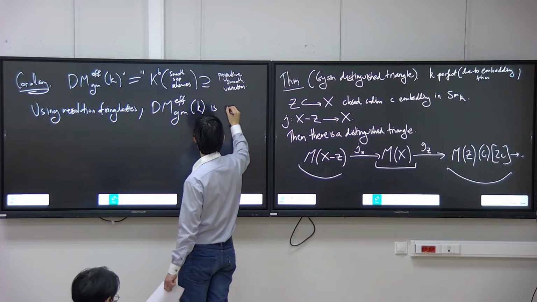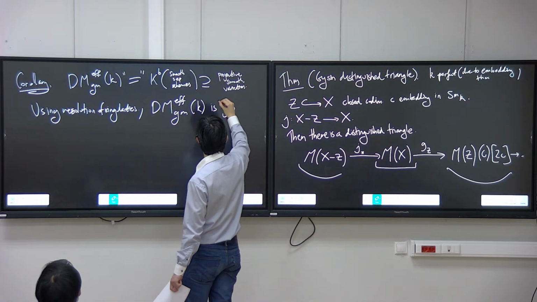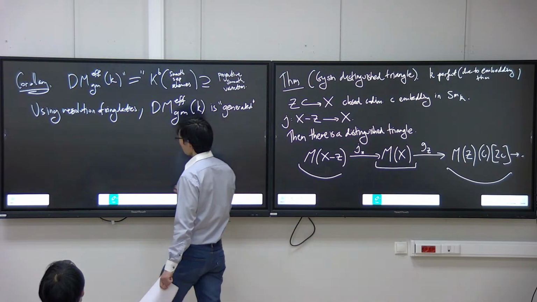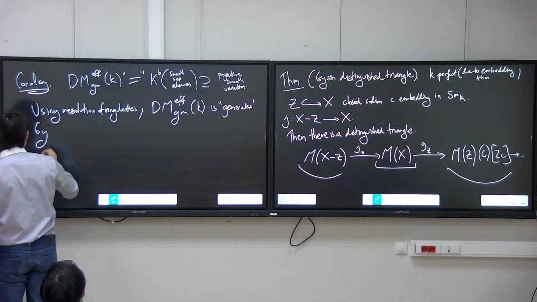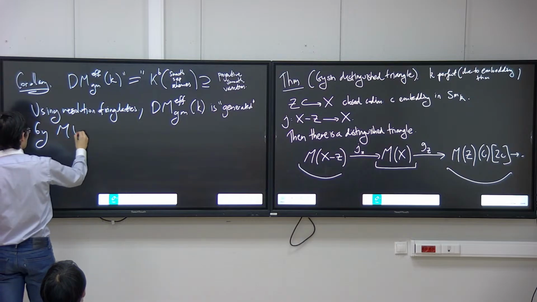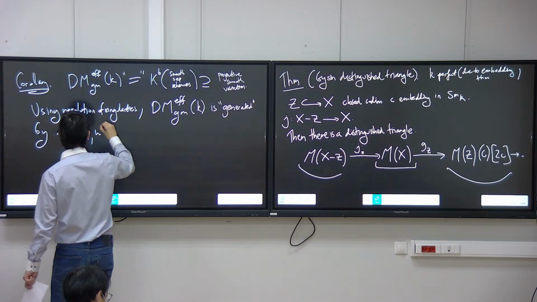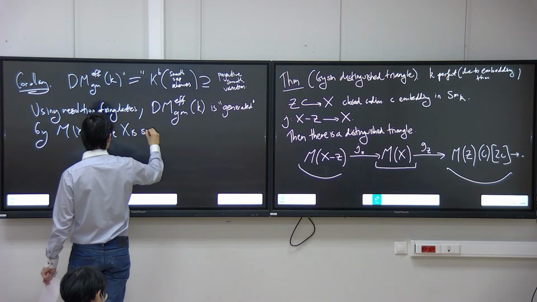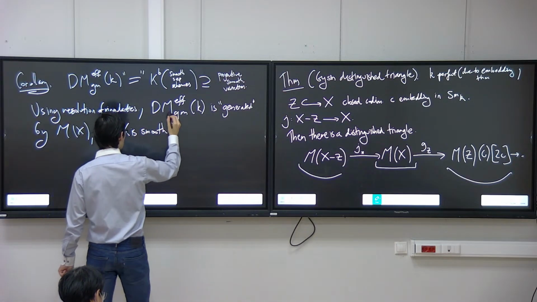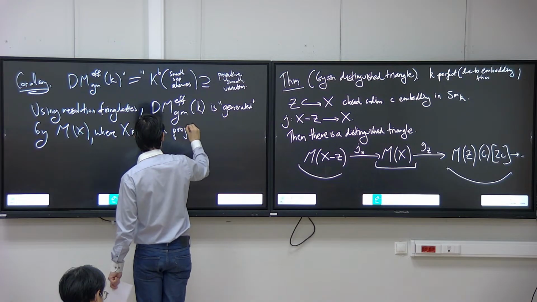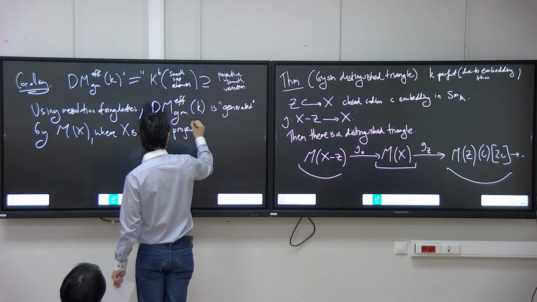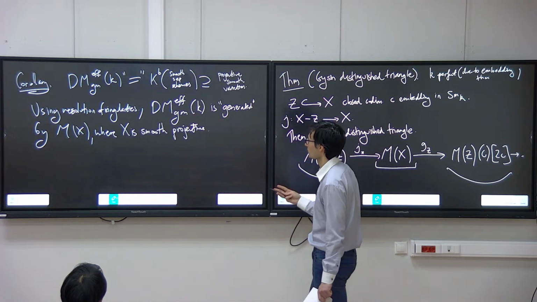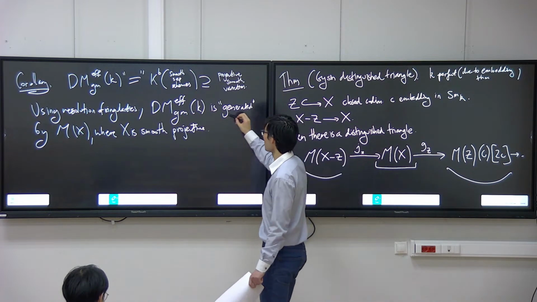is generated by objects M of X, where X is smooth projective. So again, I just want to emphasize, first of all, what does generated mean here?